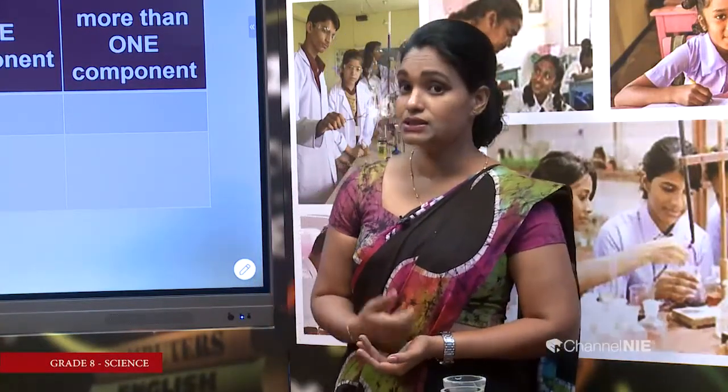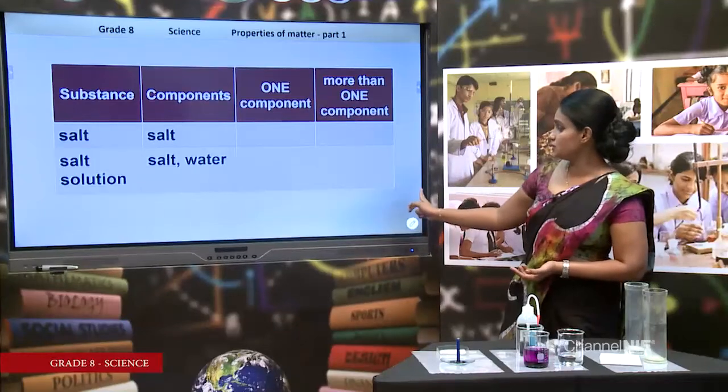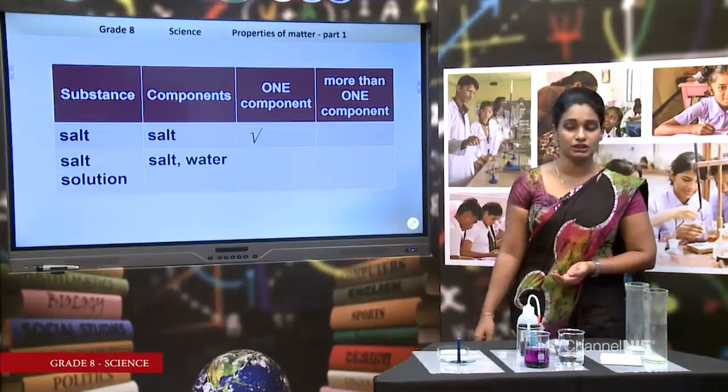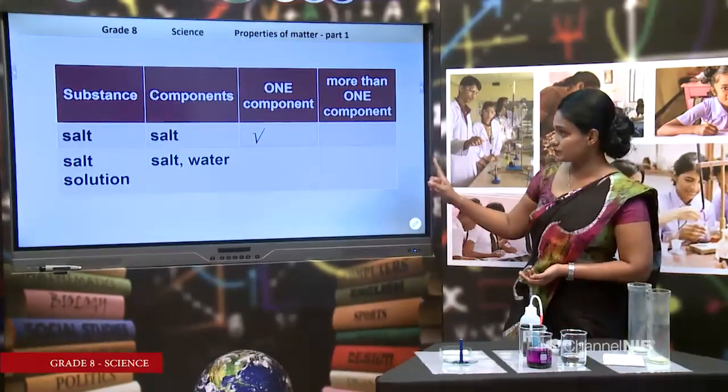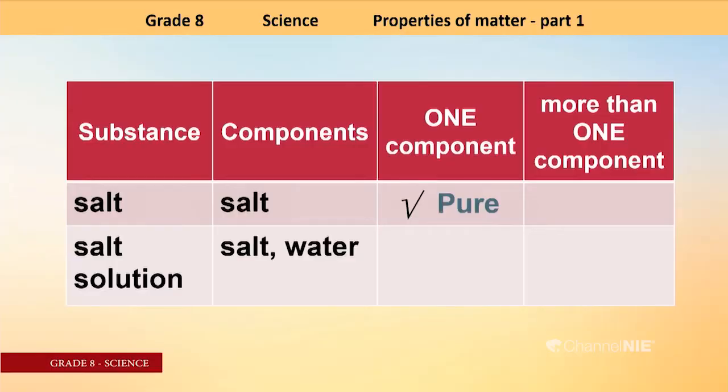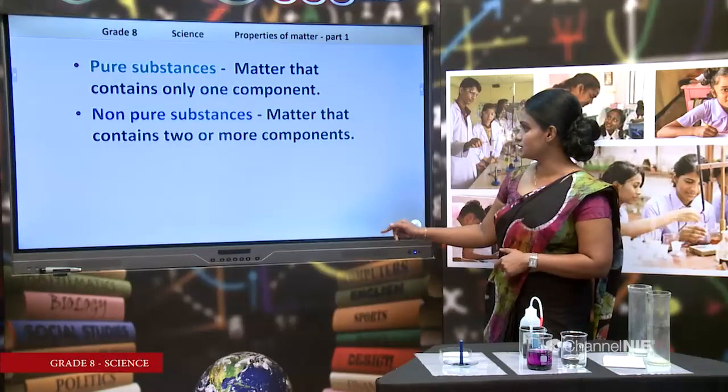So, let us see, in salt the component is only one component. So, we can say it is a pure one. In the second case, in a salt solution, there are two components. So, we can say it is a non-pure component. Now, you know the difference between pure and non-pure components.